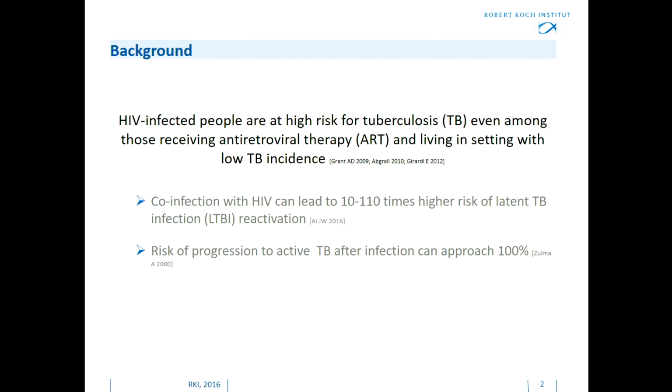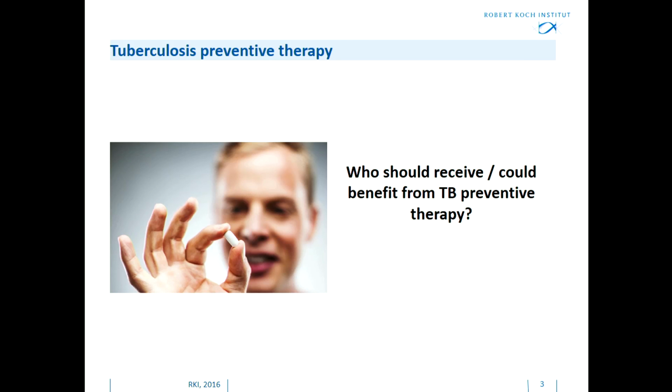The risk includes the increased risk of reactivation of latent tuberculosis and the risk of progression to active tuberculosis from new infections. So for this reason, it's very important to think about tuberculosis preventive therapy. And the problem is, who should receive the preventive therapy?